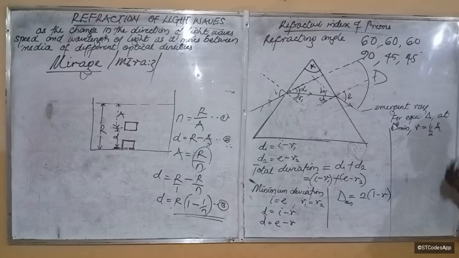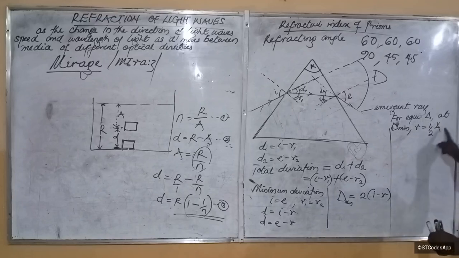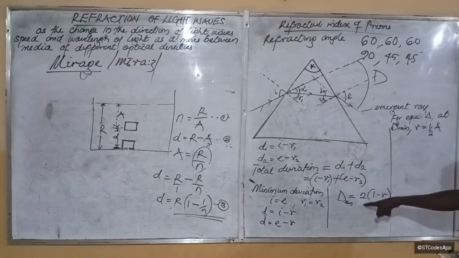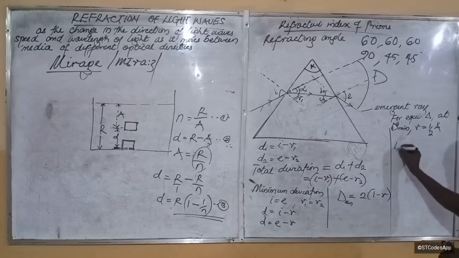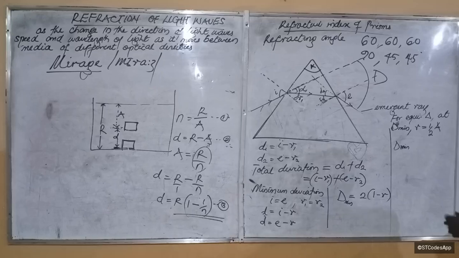Half of A. Now, if that is the case, then if we bring this into this equation, then our D minimum will now become, since we already have an expression for this, we can make R subject of formula here.